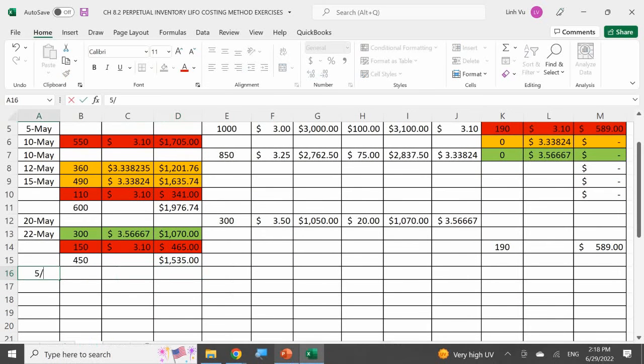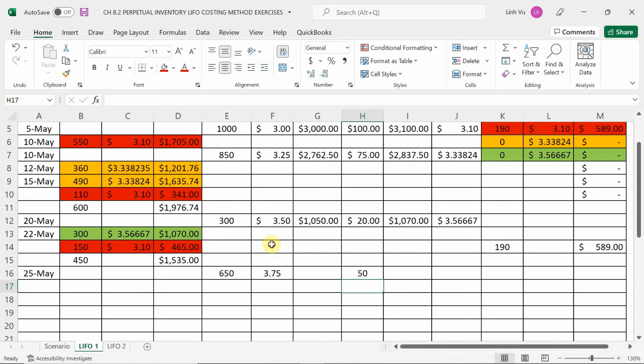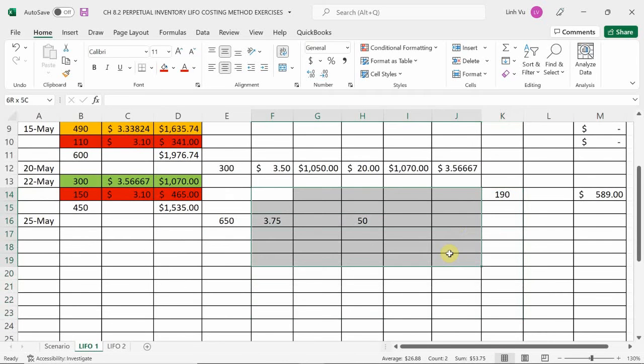So May 25th, 650 at 375 with a freight of 50. So what is my total purchase price here? 2437.50.